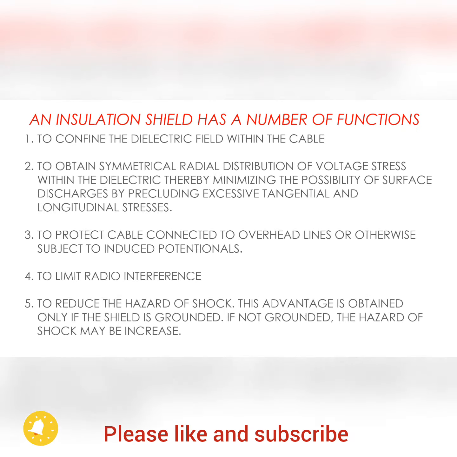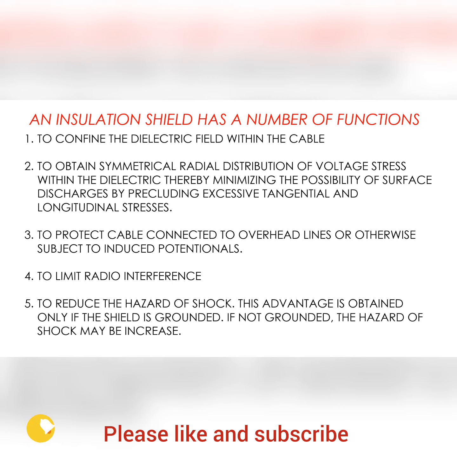There are 5 different functions: to confine the dielectric field within the cable, to obtain symmetrical radial distribution of voltage stress, to protect cable connected to overhead lines or otherwise subject to induced potentials, to limit radio interference, and to reduce the hazard of shock. So these are the 5 functions of our insulation shields.